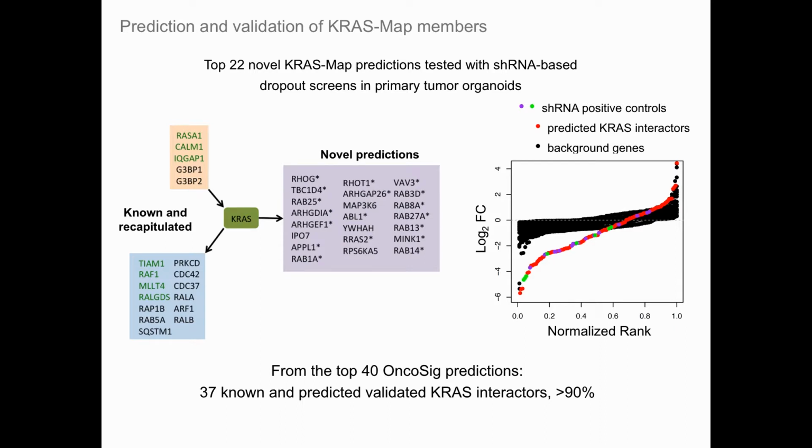We also recapitulate some known predictions, and as you can see from this graph, most of our predictions behave as synthetic lethals with KRAS mutations. So in this test, at least, we're really doing very well. Again, this work is not published yet, but we're very encouraged by this result as well.